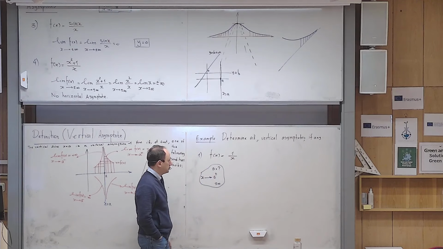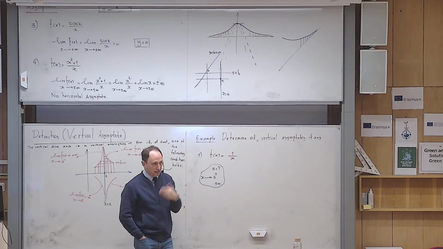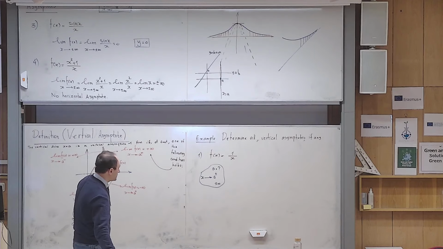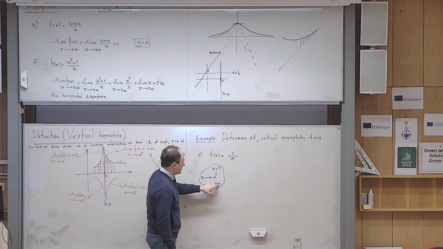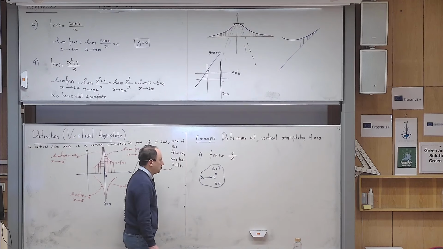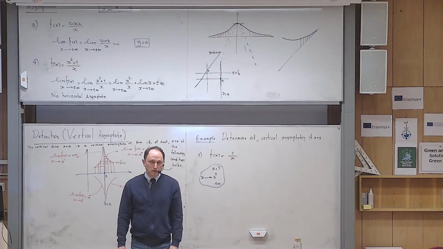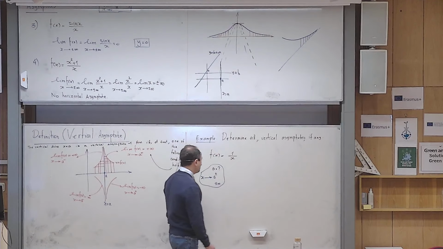I need a number. And in this case it doesn't even work because the numerator is constant. I cannot tamper with a constant. So the only thing I can do, if I want to make this fraction extremely positively large or negatively large, is to find a candidate so that when x becomes close to it, it is guaranteed that my function is extremely big. And the only way I can do it is to make the denominator very small. Because if I make the denominator small, the division becomes extremely large.